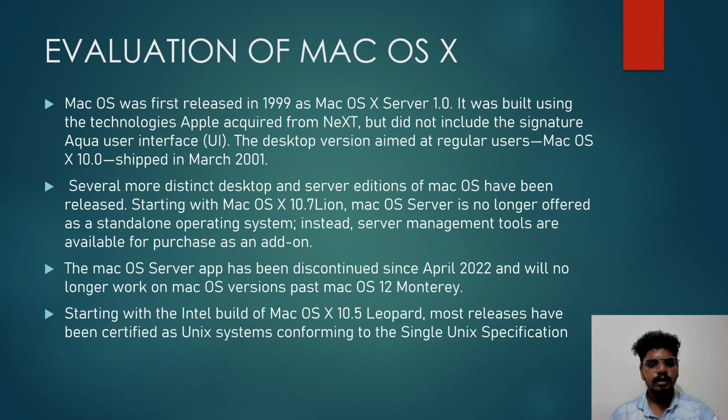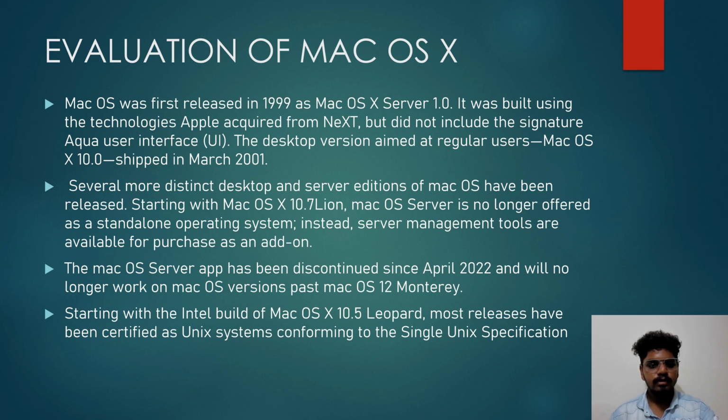Several more distinct desktop and server editions of macOS have been released, starting with Mac OS X version 10.7 Lion. macOS Server is no longer offered as a standalone operating system. Instead, server management tools are available for purchase as an add-on.